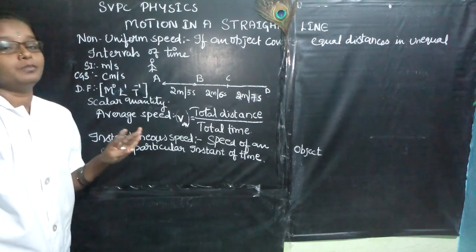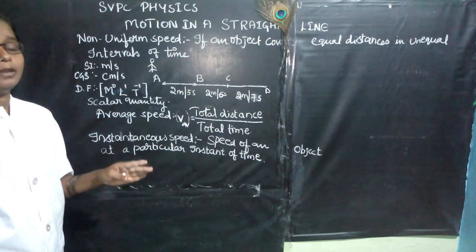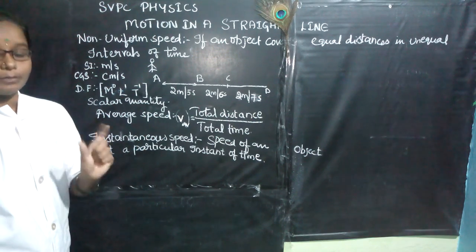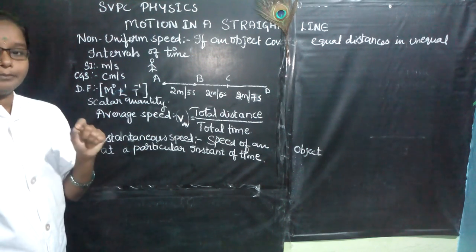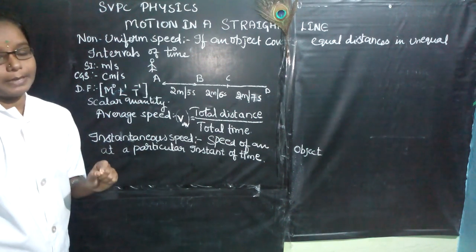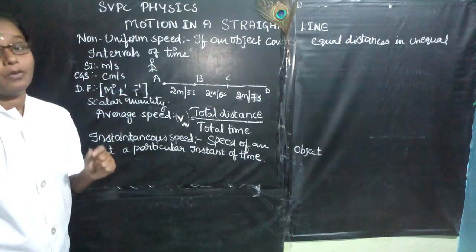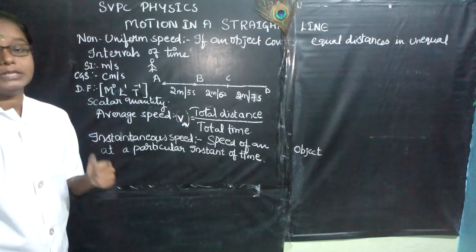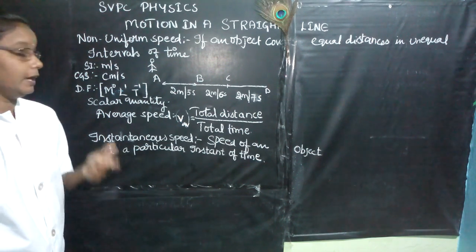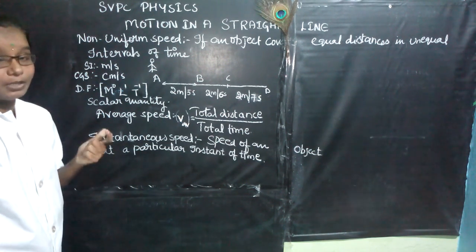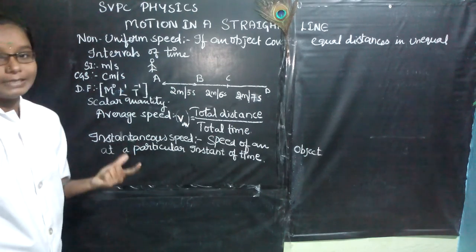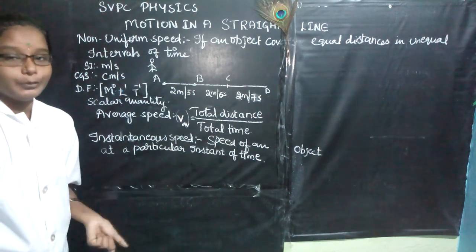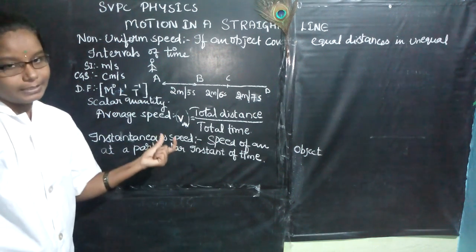If anything, an object is moving, a man is walking, or whatever things are moving, suppose I ask you by mentioning a particular time, t is equal to 0 second, what is the speed of the object? Or at t is equal to 4 second, what is the speed of the object? And so on. If I mention the particular time, then that is the instantaneous speed. Speed of an object at a particular instant of time is called the instantaneous speed.